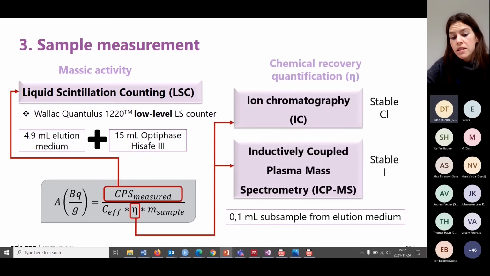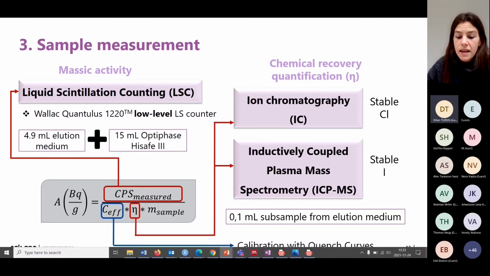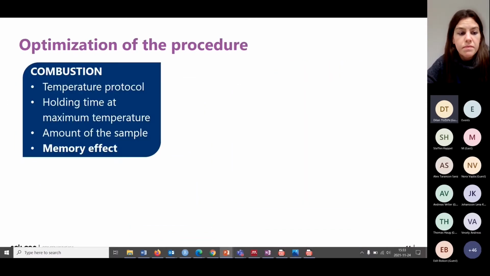The chemical recoveries were calculated based on stable measurements: ion chromatography for stable chlorine, and inductively coupled plasma mass spectrometry for stable iodine. At the end, the counting efficiency was calculated using quench curves.